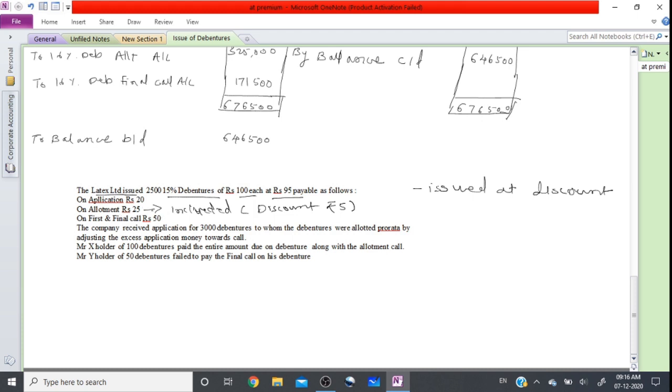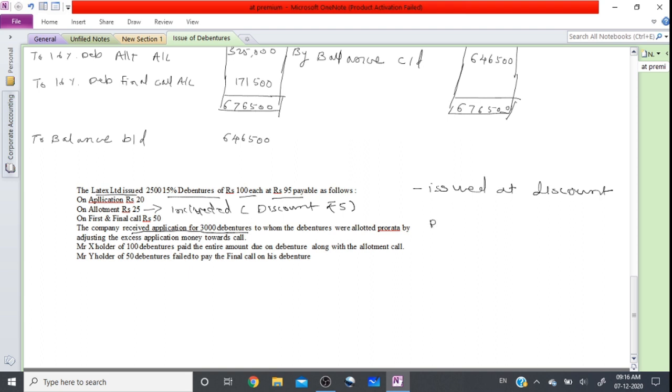So that 5 rupees we have to consider in allotment. Okay, so the company received the applications. See here, company received the application of 3,000 debentures. Company issued 2,500 debentures, against company received 3,000 debentures. Okay, so this is the oversubscription.